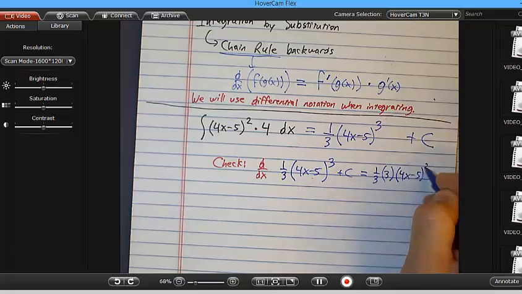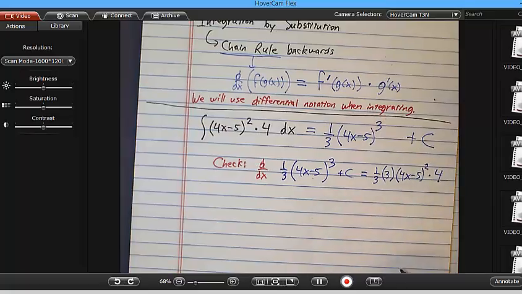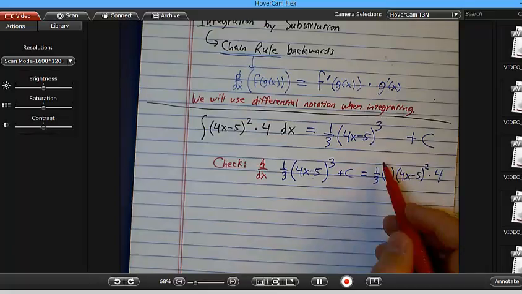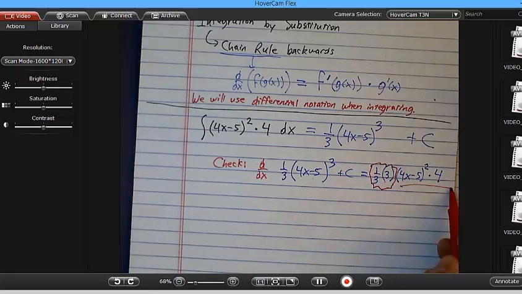Bing. And then what? Bong. Did it work? It worked. I got what I started with, right? Because the 3's canceled, and I was left with what I started with.